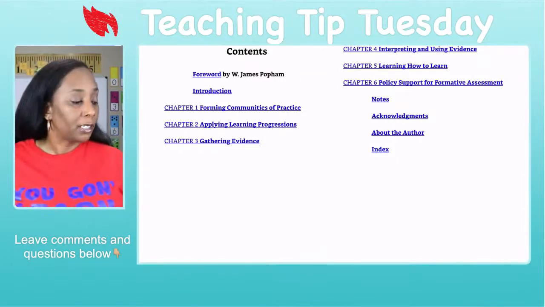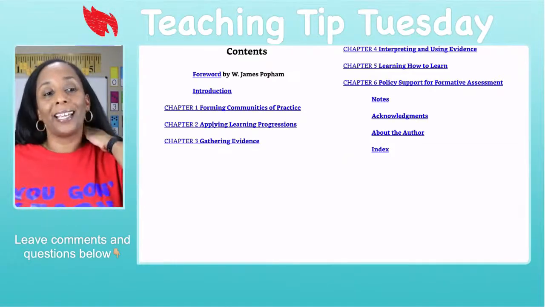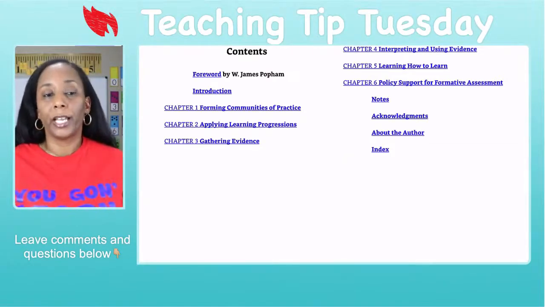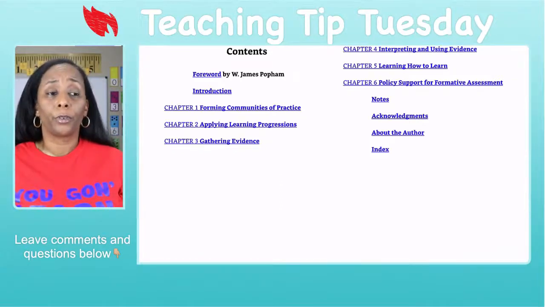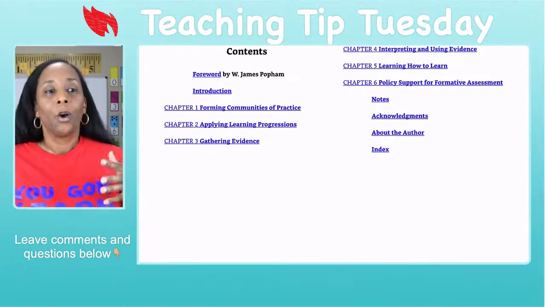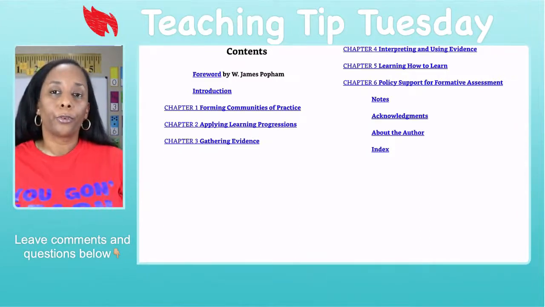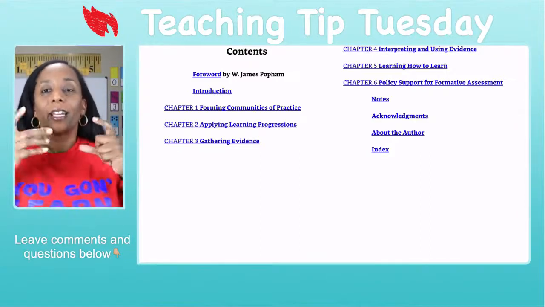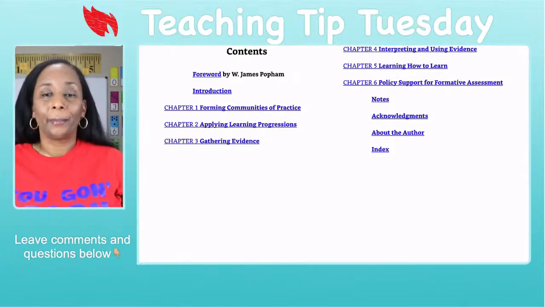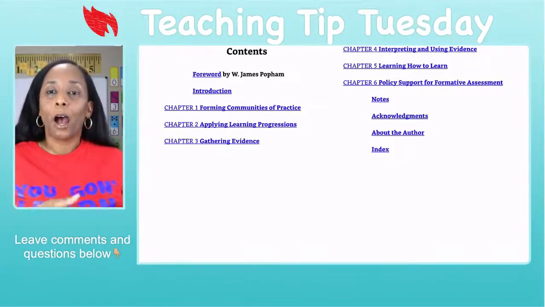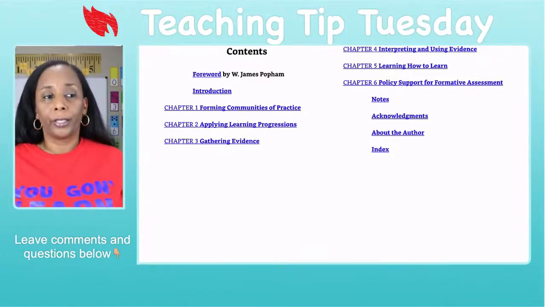So in chapter 2, they talk about applying learning progressions, and you can just look at the rest of them. But that's where I am with the learning progressions. If you don't know what learning progressions are, it's similar to the vertical alignment in our math curriculum.